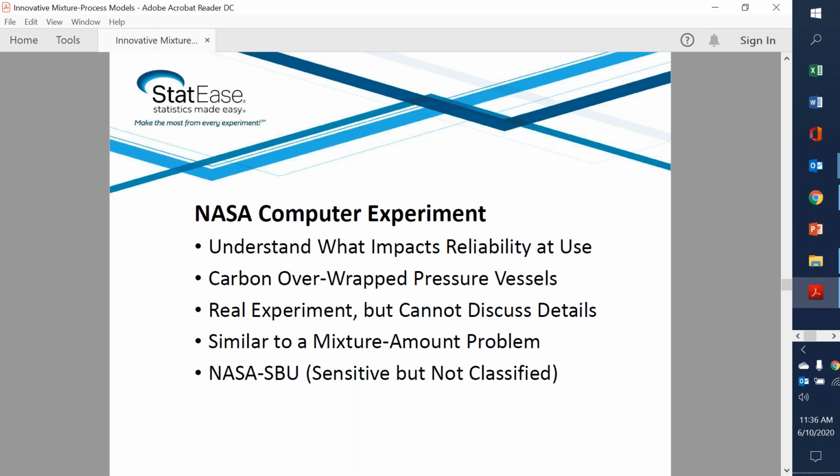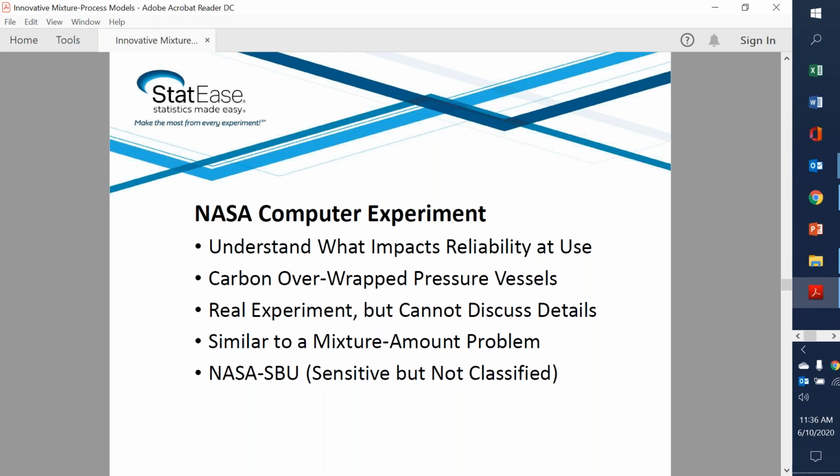There are 32 or 33 carbon overwrapped pressure vessels on the International Space Station, one of which is extremely critical. Most of the funding for the work that I've been doing on these reliability experiments has come from the International Space Station. This is a real experiment, and I can't really discuss the details, so sorry about that.